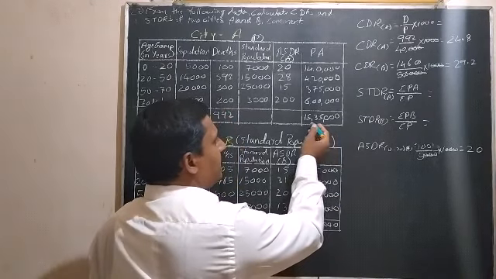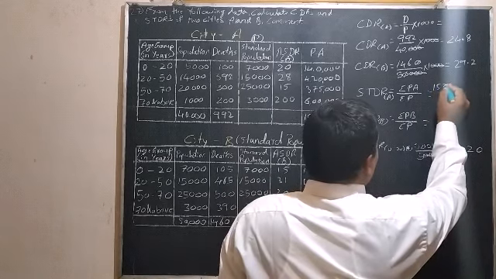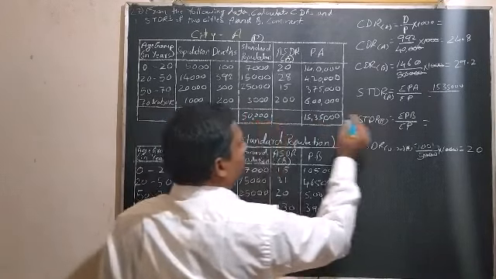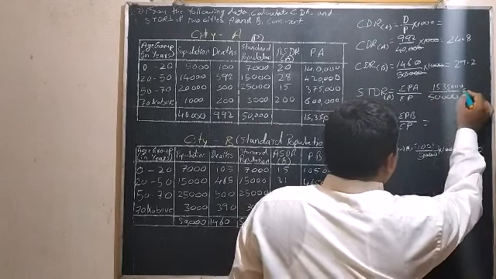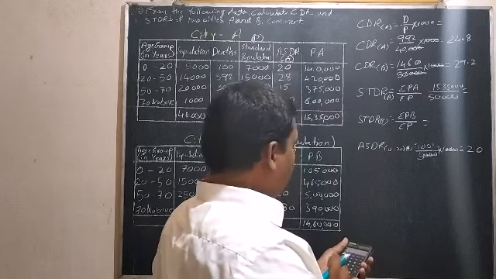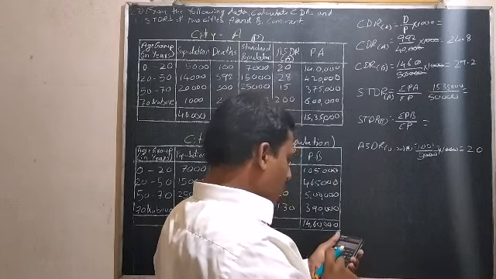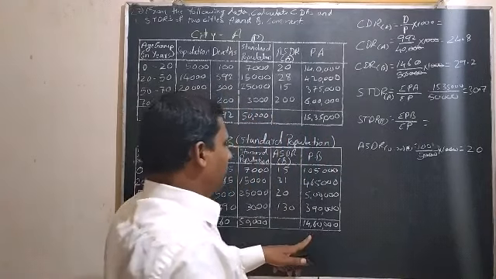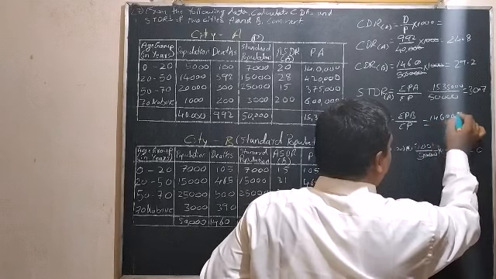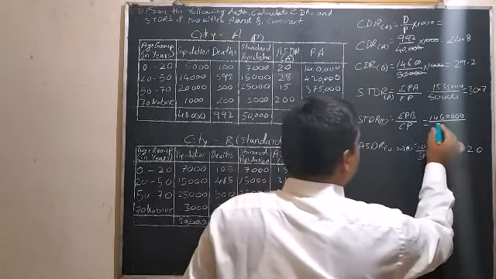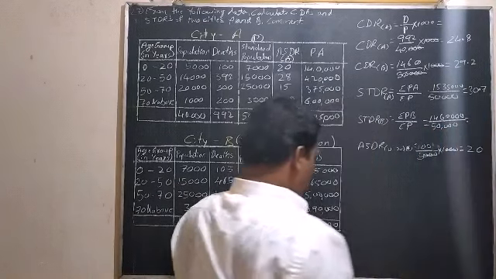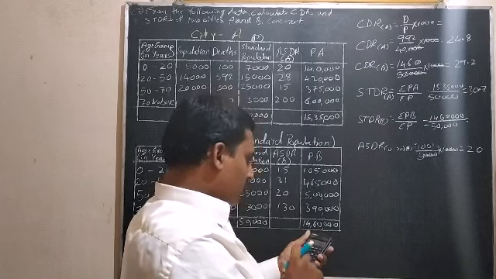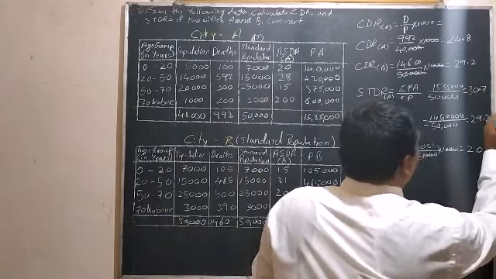So for location A, summation PA is 15,35,000 divided by the standard population total of 50,000. 15,35,000 divided by 50,000 is equal to 30.7, whereas summation PB is 14,60,000 divided by 50,000, the total of standard population, which is 29.2.